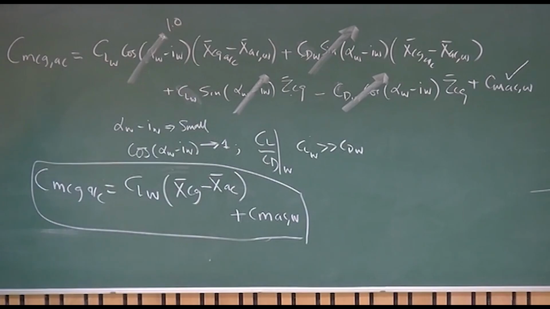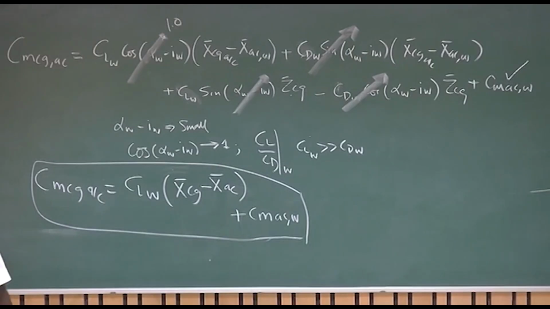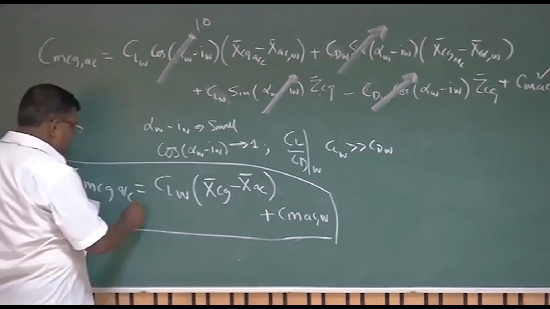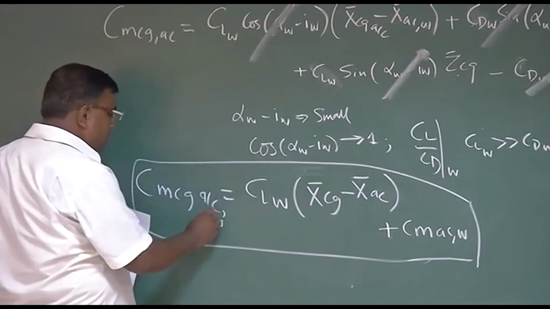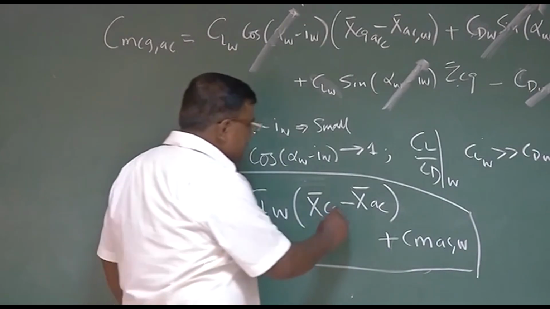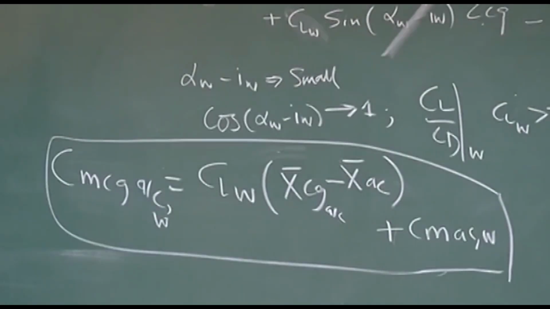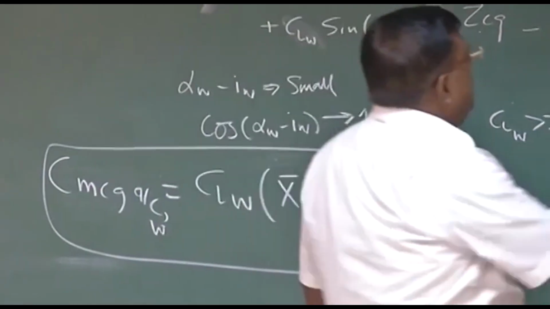I told you we'll handle this term. Let us try to give an interpretation to this. What is this CMCG aircraft? That is the non-dimensional pitching moment coefficient about the CG of the aircraft because of the wing. So I'll put a notation wing also so that you understand this is the contribution because of the wing. What is the X CG? X CG is of the whole aircraft, so I put aircraft.